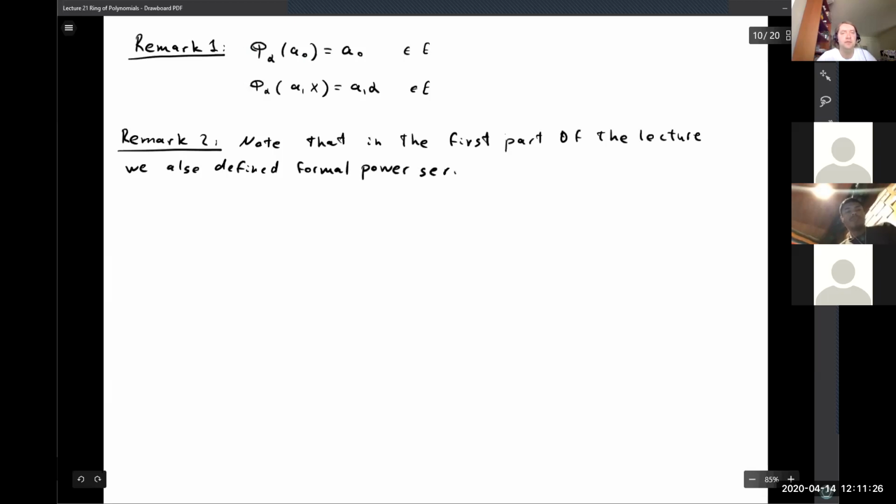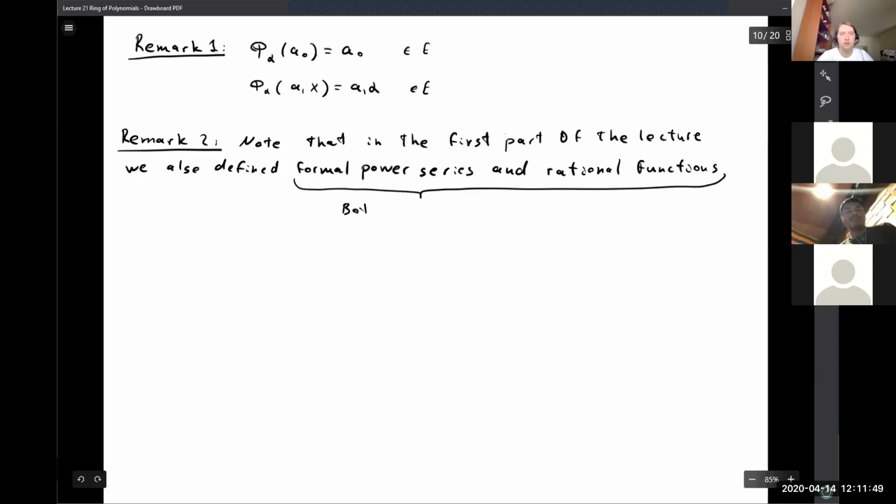So both are well defined as rings, but there is no evaluation homomorphism.